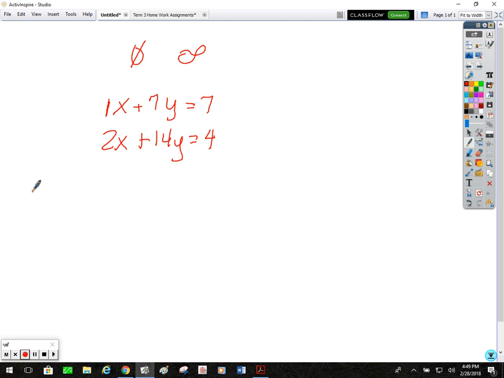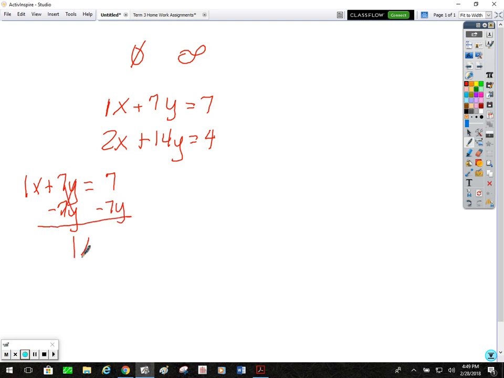So what I'm going to do is come right down here. 1x plus 7y is equal to 7. So I'm going to solve for x. That means I need to move this 7y to the other side. We're going to cross that out.